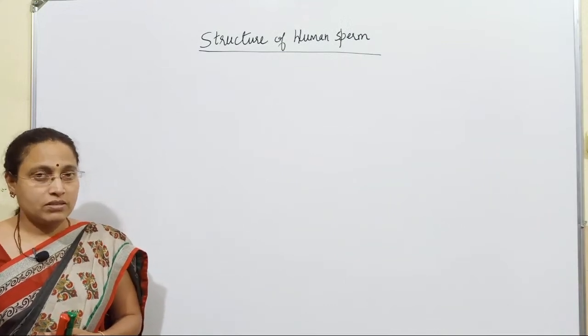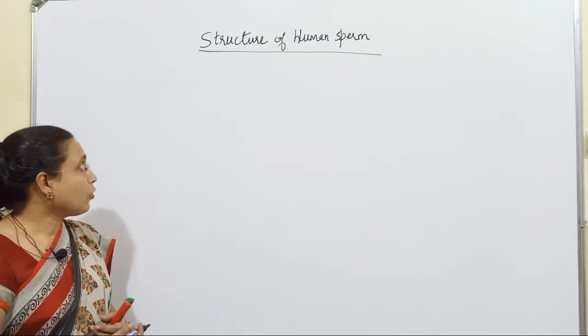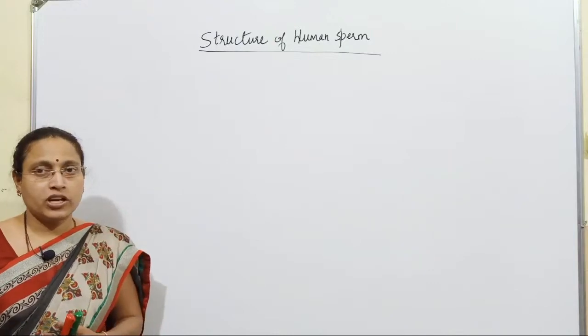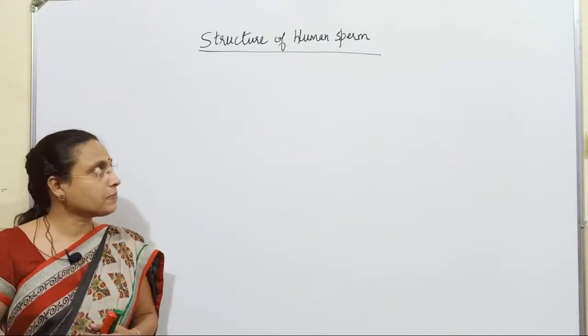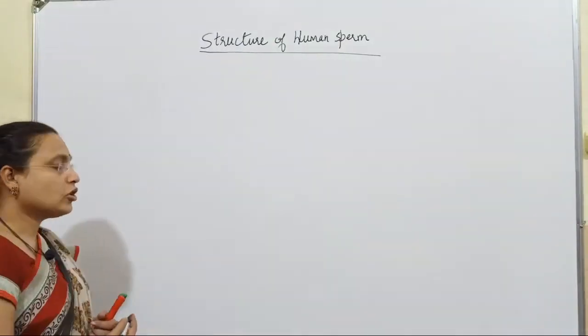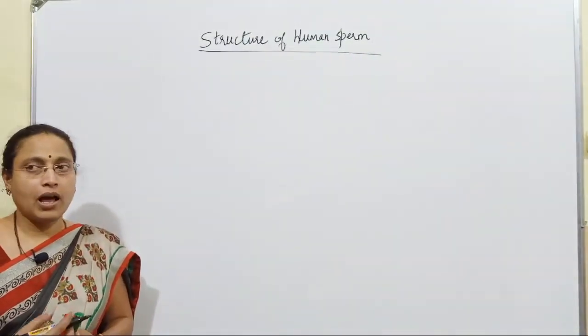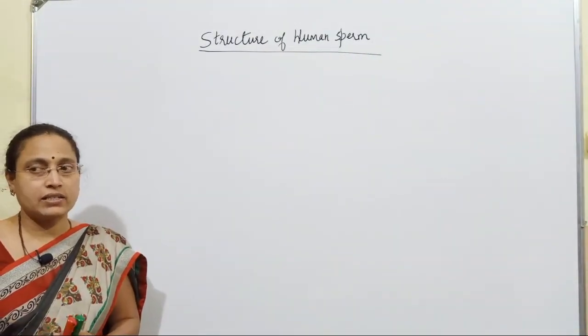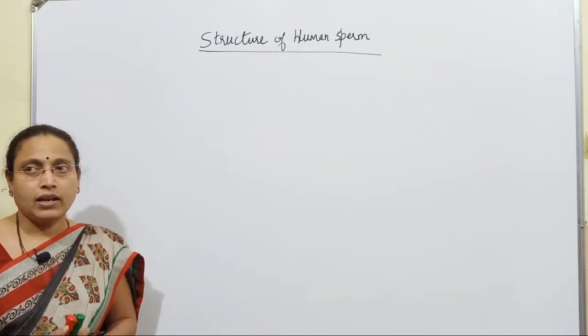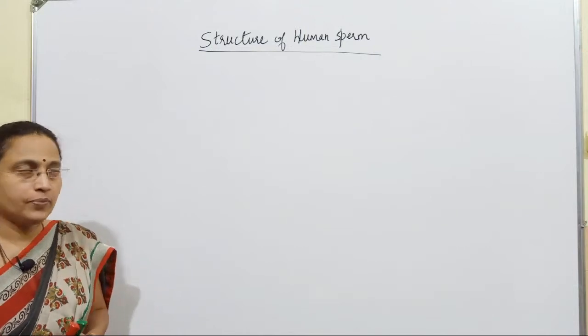Good evening, students. Today I am going to continue with structure of human sperms. As I told yesterday, human sperms are broadly divided into head, neck, middle piece, and the tail.